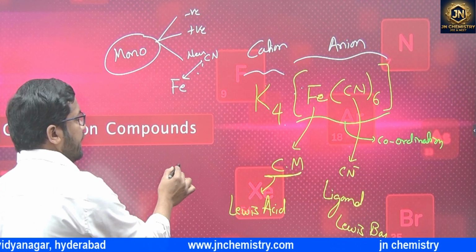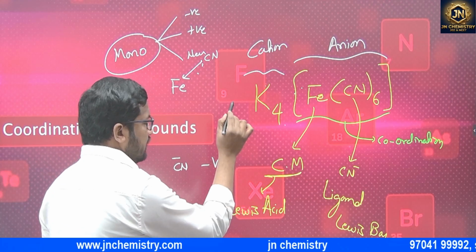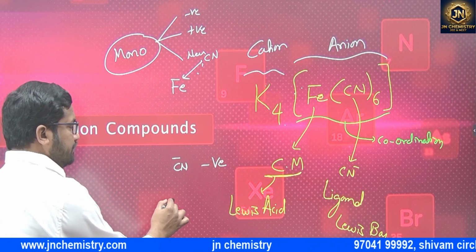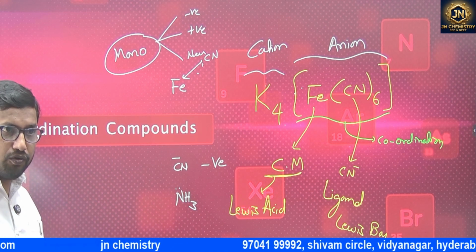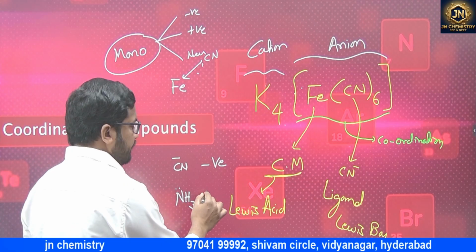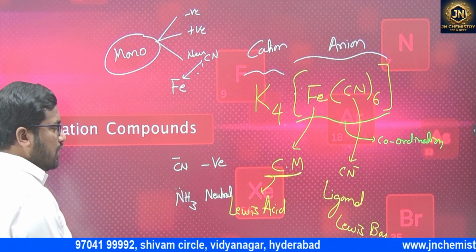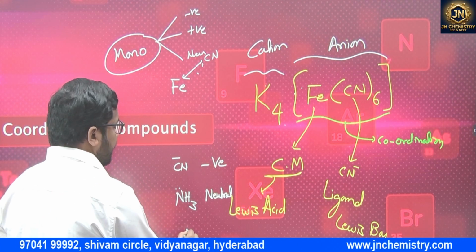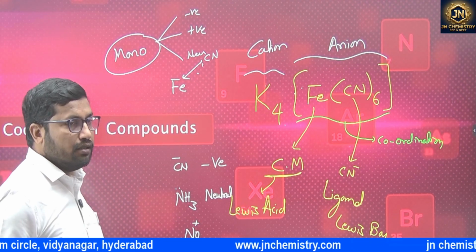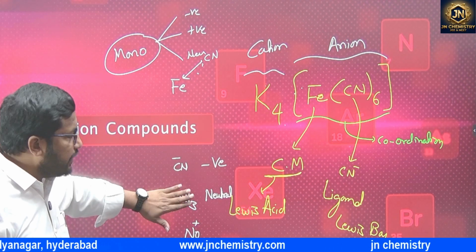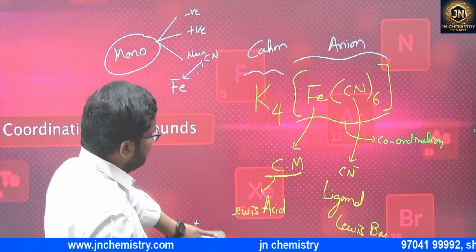For example, CN minus is a monodentate negative ligand. Ammonia, NH3, is monodentate, donating only one lone pair, but it is neutral. Positive ligands are, for example, NO plus, NO2 plus. Now bidentate ligands: what is bidentate?